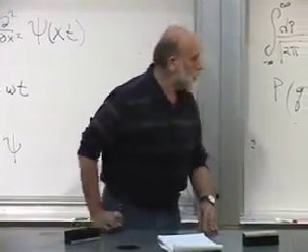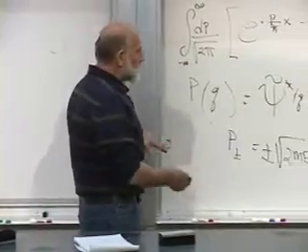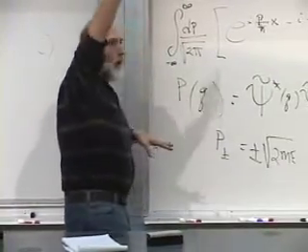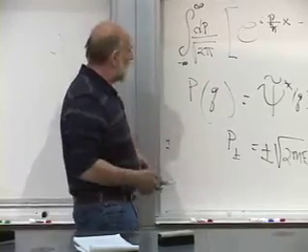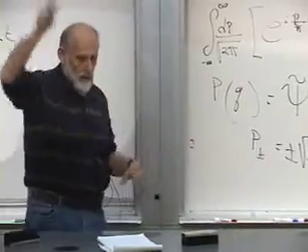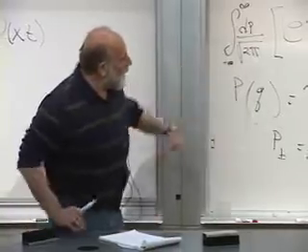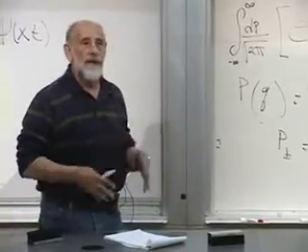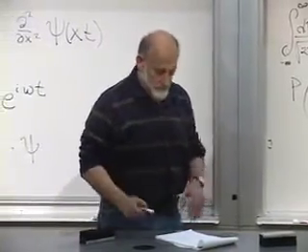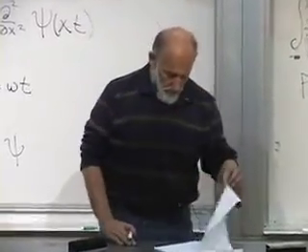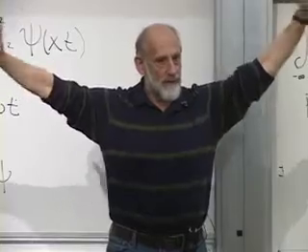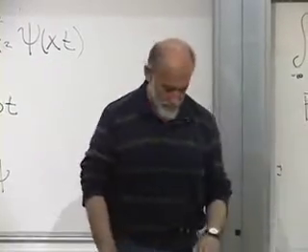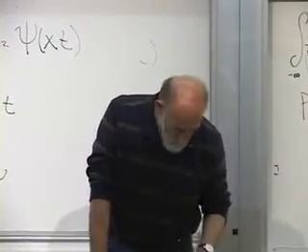There are other solutions, but the other solutions have the property that they either blow up or do something terrible at infinity. These are all of the solutions that don't blow up at infinity, in other words, which don't have all of their probability way out at infinity. This is all of them. Yeah, all the relevant solutions.